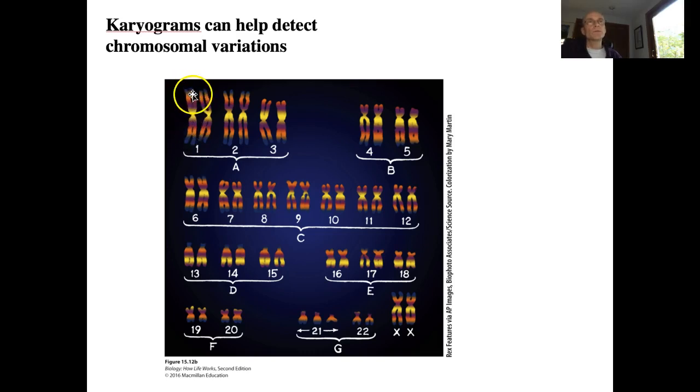And then you cut them out, in the past with scissors, but you can do this now with a computer, and then you align them next to each other by size. So these are the two chromosomes number 1, these are the two chromosomes number 2 from an organism. They get numbered, they also get put in certain groups, and then you see the sex chromosome. So in this case, this is a female XX.